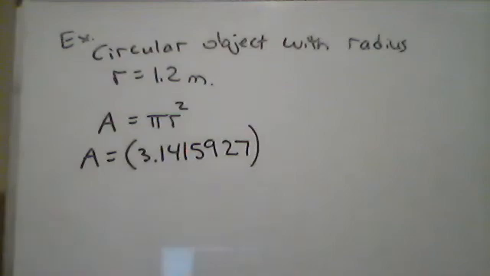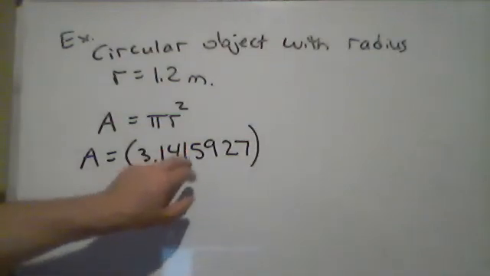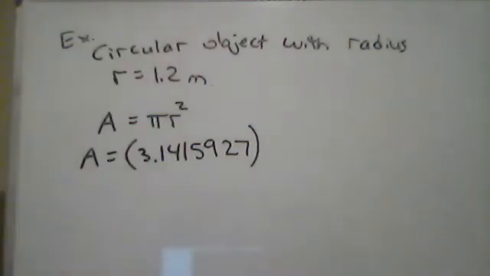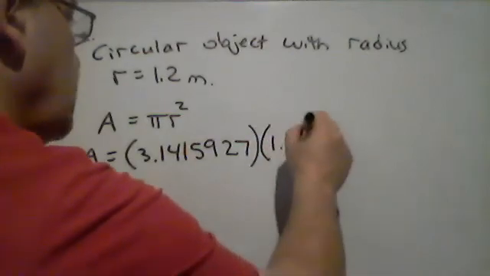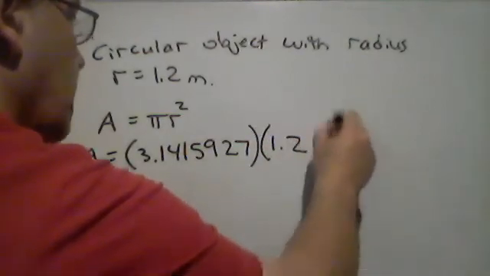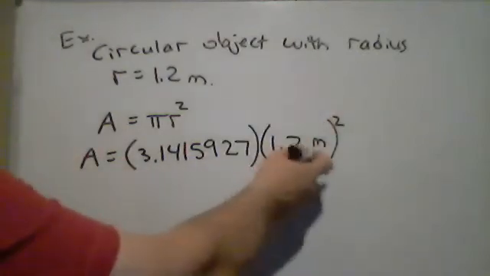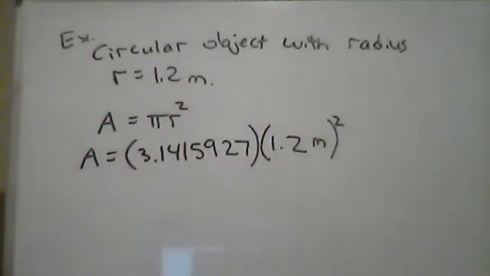All right, I can know pi to 1, 2, 3, 4, 5, 6, 7, 8 decimal places, 8 significant figures. All of those are significant. But I'm multiplying it by a number that only has 2 significant figures. I mean, maybe I measured this with some sort of a crude device.